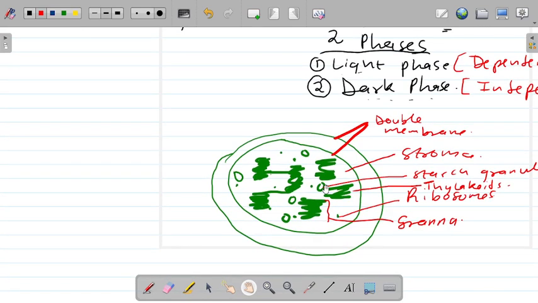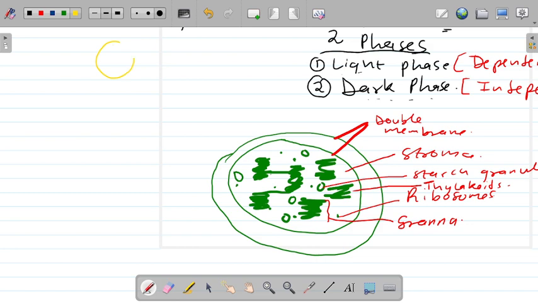Now imagine this is the chloroplast. The chloroplast is found inside cells in your leaves, in your mesophyll tissue. Remember, your mesophyll tissue contains a whole lot of chloroplasts, especially the palisade mesophyll, directly underneath the epidermis of the leaf, the ones that are perpendicular to the epidermis.